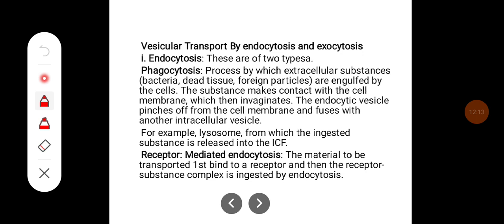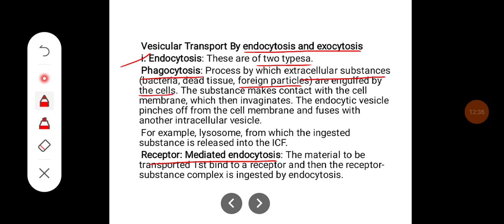Coming to vesicular transport, which occurs by endocytosis and exocytosis. Endocytosis has two types. One is phagocytosis and another one is receptor mediated endocytosis. Phagocytosis is a process by which extracellular substances, that is bacteria, dead tissue, foreign particles, are engulfed by the cells.